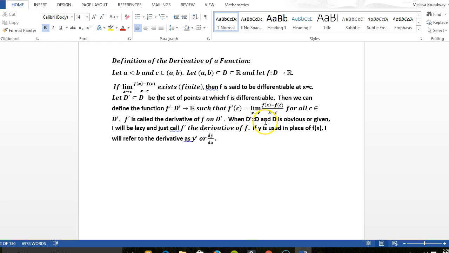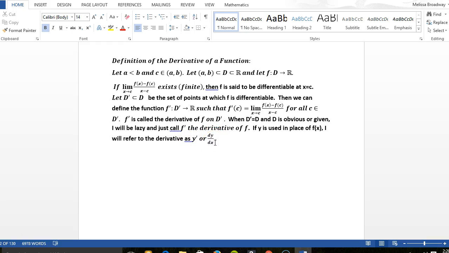But a lot of times I'm going to be a little hollow and lazy. When D prime equals D, and because most of the time I'm going to let D prime equal D, and it's going to be either given or obvious what the domain D is, I'm going to be lazy and just call f prime the derivative of f, even though that's technically a little bit hollow and sloppy. If y is used in place of f of x, I will refer to the derivative as y prime or dy by dx.